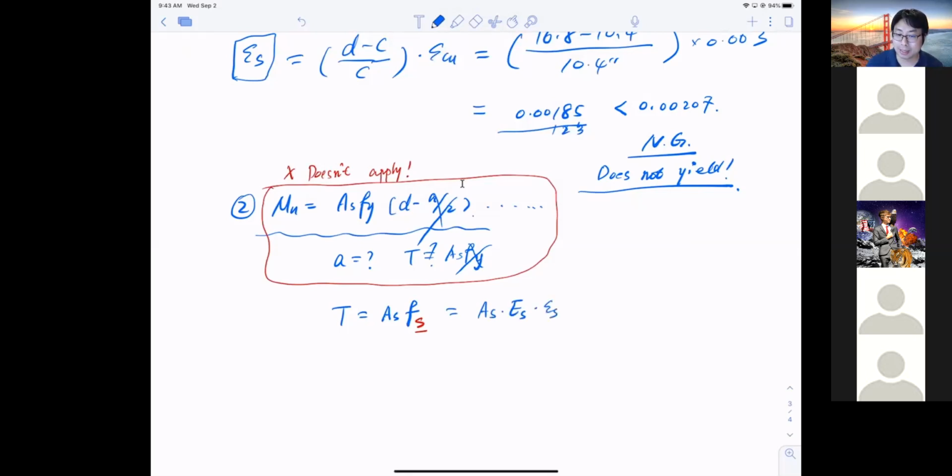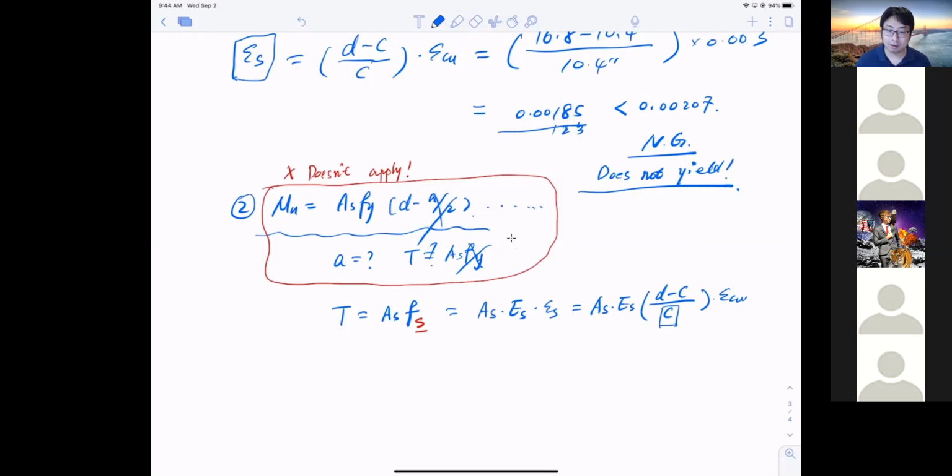And here, epsilon s is epsilon cu times (d minus c) divided by c. That means the tension force now is dependent on the compression zone depth c. So if I know c, I can get the tension force.